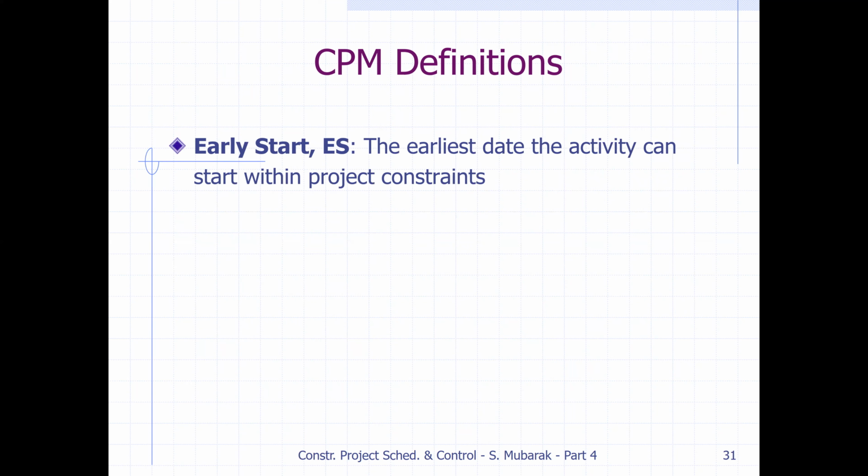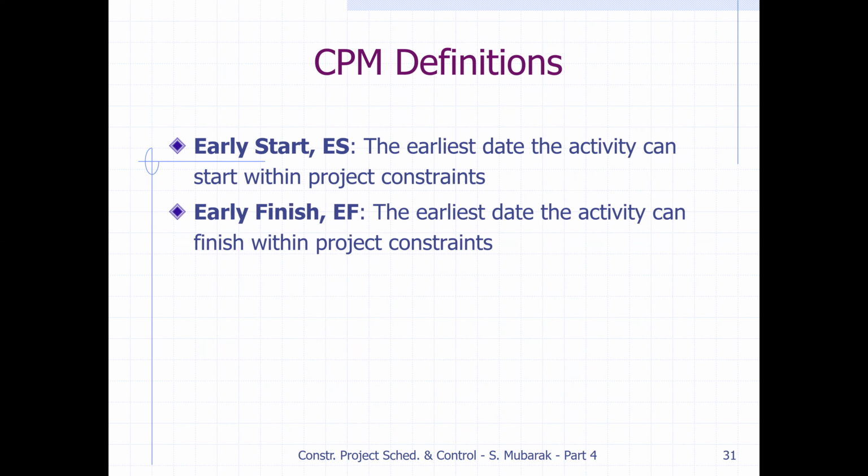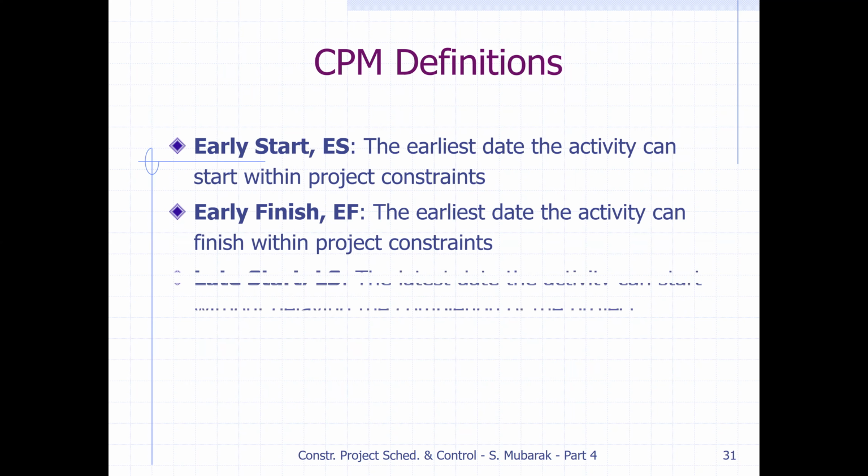Early start, denoted by ES, is the earliest date the activity can start within project constraints. Early finish, denoted by EF, is the earliest date the activity can finish within project constraints.